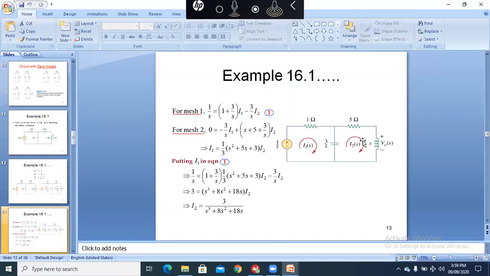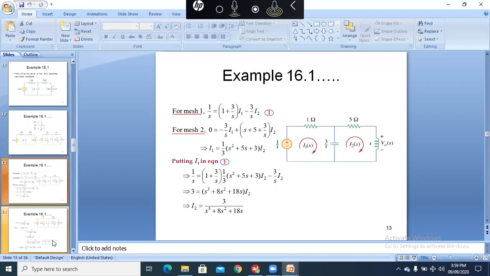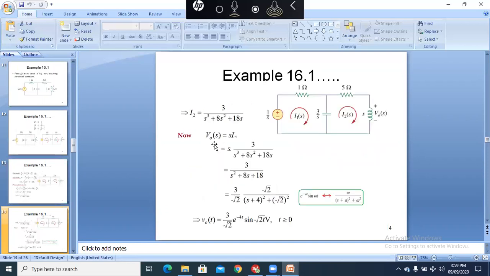This value of I2 of s will help us to find the voltage across the inductor, and that value is V naught of s, s I naught. So this is s I2, where I naught is equal to I2. So we substitute this value in this relationship.